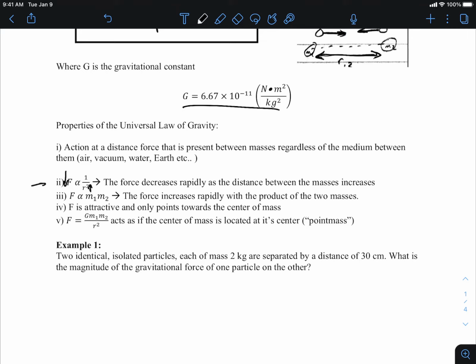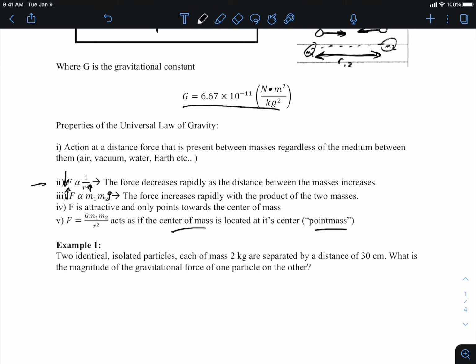If I increase one of the masses, I would end up increasing the force. F is an attractive force and only points towards the center of mass. Whatever the mass is, it acts as a point mass, and it acts at the center of mass.